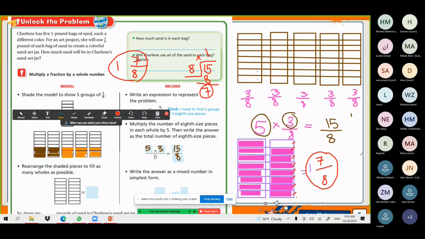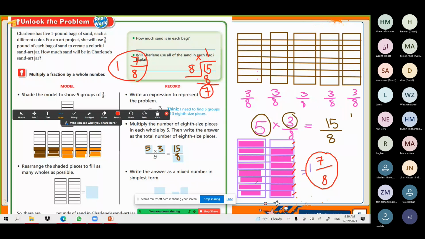In this one, I want you to understand by graphing what I mean by rewriting 15 over 8 as 1 and 7 over 8. I will not ask you to draw each time. This is just to understand what I mean by renaming.